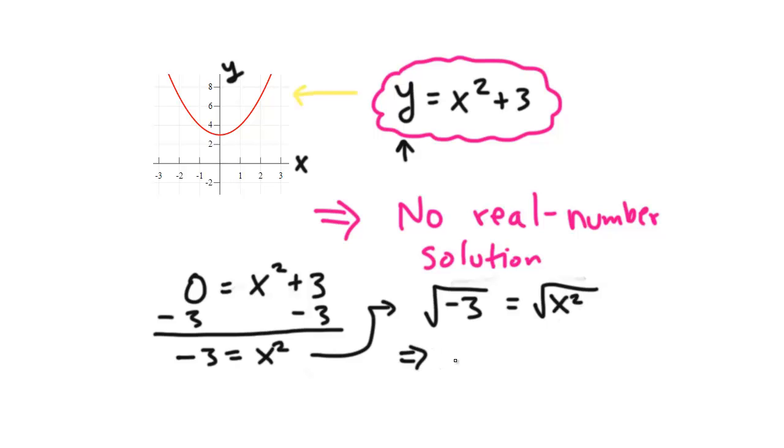So this will give you x is equal to plus or minus the square root of -3. But if you try to plug this into the calculator, it's going to give you an error, which shows that your parabola does not cross the x-axis.